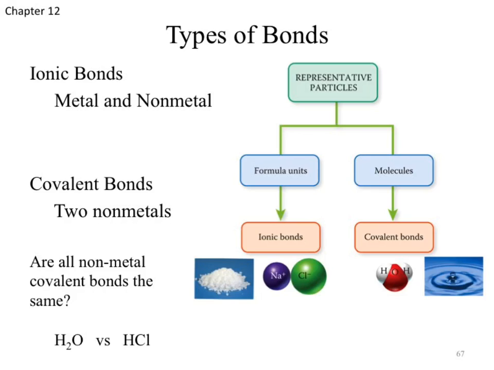H, nonmetal, and Cl, nonmetal, so we have a covalent bond, right? Two compounds, covalent bonds, are all covalent bonds the same? Why are you saying no right away with those two examples? H2O is water, and that's different. HCl is not water, good enough, it is hydrochloric acid.